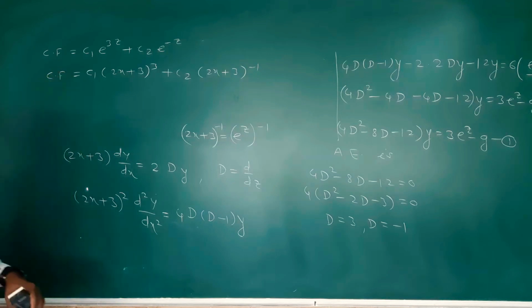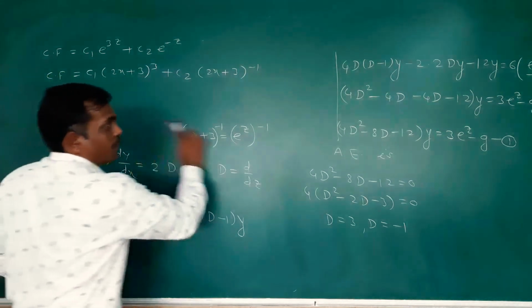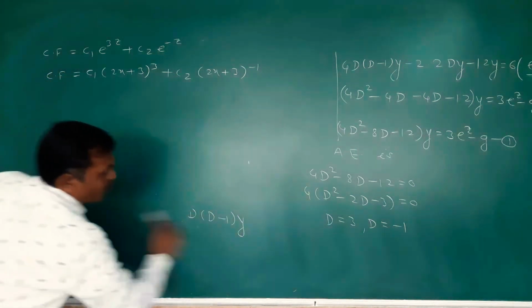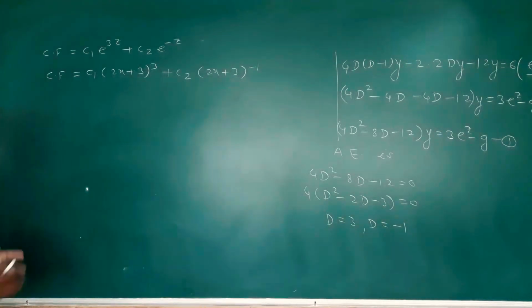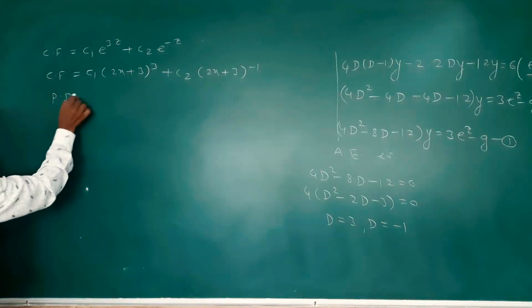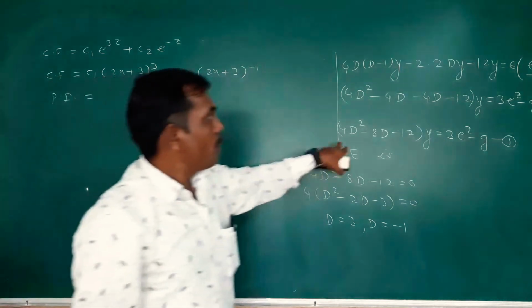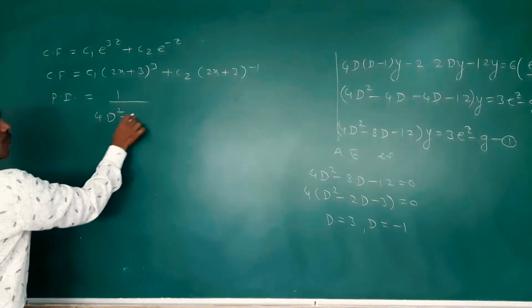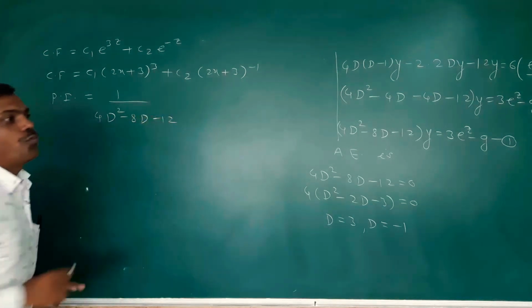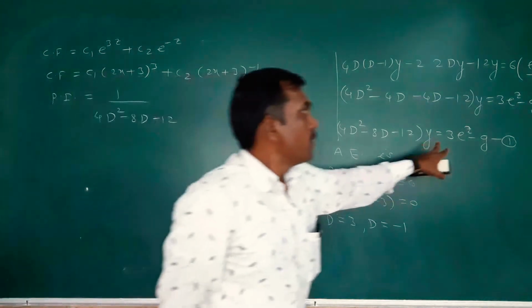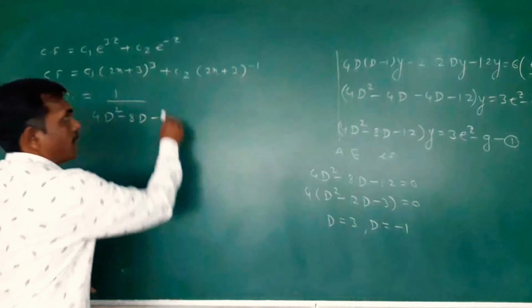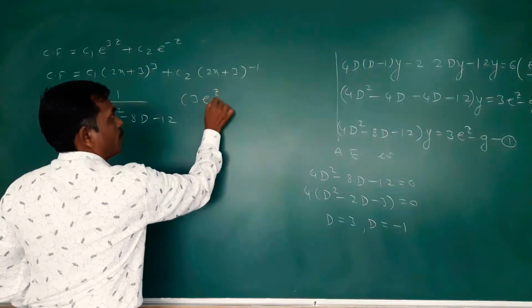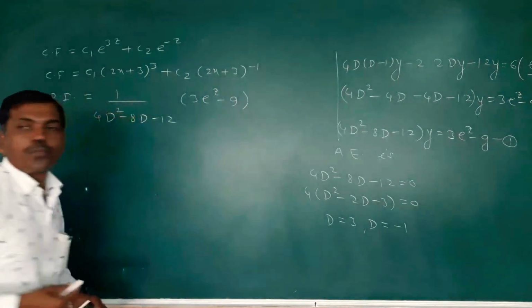Now let us find the particular integral by using our shortcut method. So PI is equal to 1/(4D² − 8D − 12) operating on 3e^z − 9.